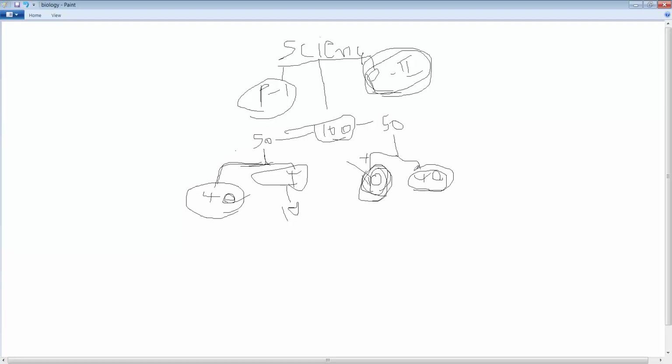Now our target is 40. The 40 is again divided into 2 parts: 30 plus 10.